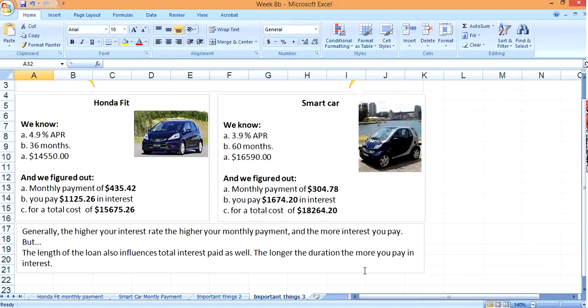Lastly, when you look at the interest on a mortgage, you're going to see that it is a lot of money. It is a ton of money. And sometimes students question the usefulness of buying a house when they see how much it costs in interest to buy that house.